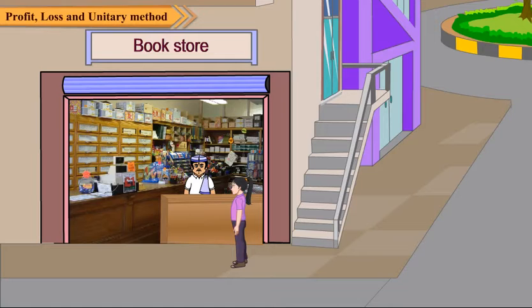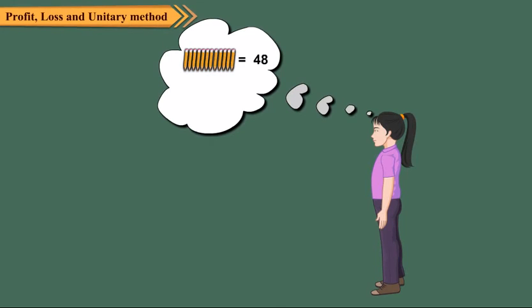One day, Rajni went to a bookseller to buy 2 pencils. The shopkeeper told her the cost of 1 dozen or 12 pencils is 48. But Rajni wanted to know the cost of only 2 pencils. She got confused. In our daily life, we come across such situations quite often. To deal with such situations, we first find the cost of one item.